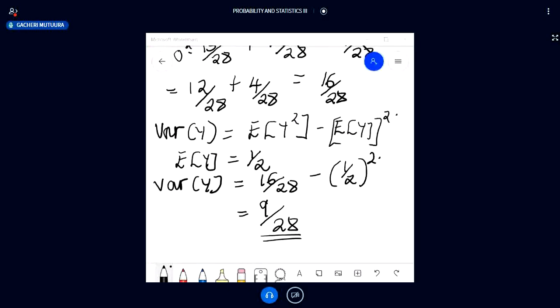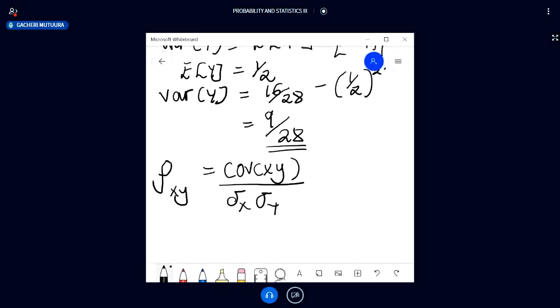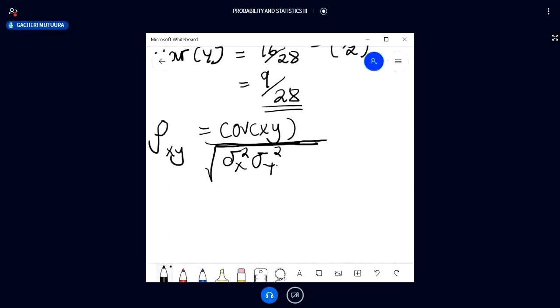So now we proceed to obtain the square root. We are just going to obtain the square root while obtaining the correlation coefficient. Now to obtain rho of xy, we say this is the covariance of xy all over sigma x, sigma y. Or if you have it squared, you just get the square root. The covariance of xy was -9 over 56.